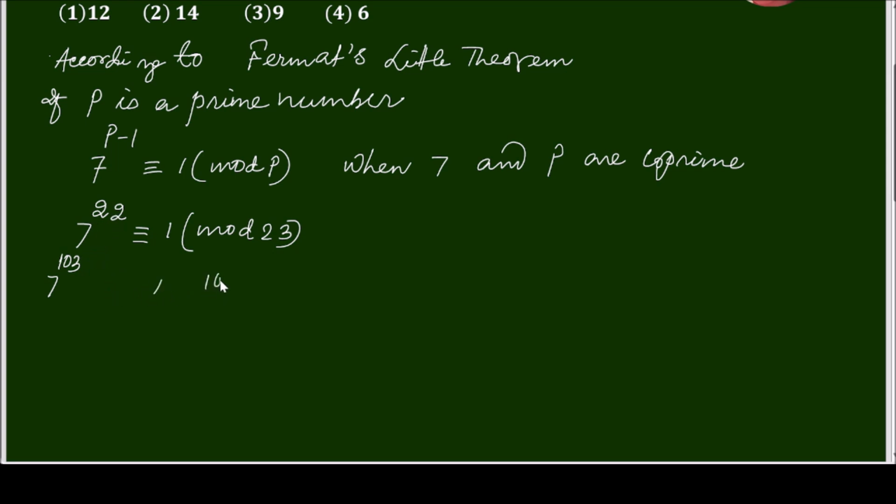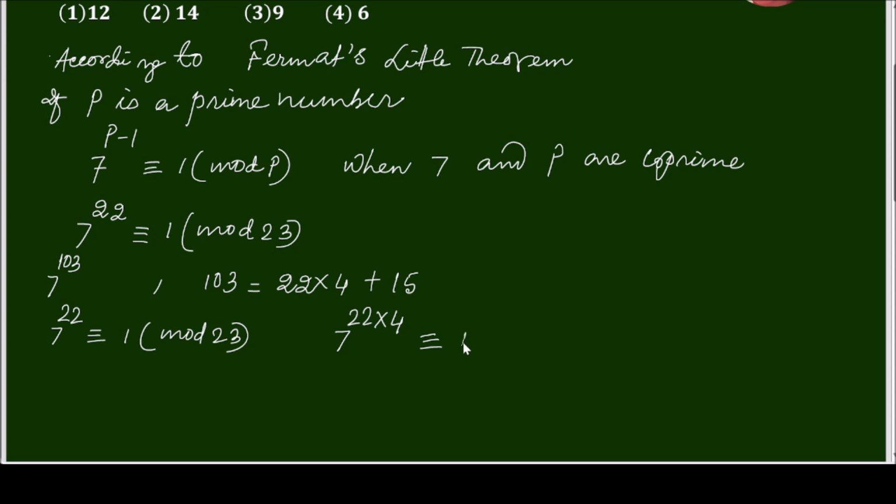So 103 can be written as 22 multiplied by 4 plus 15, because if 7 power 22 is congruent to 1 modulo 23, that means any multiple of 22 in the power will also be congruent to 1 modulo 23. So this will leave 1 when divided by 23.